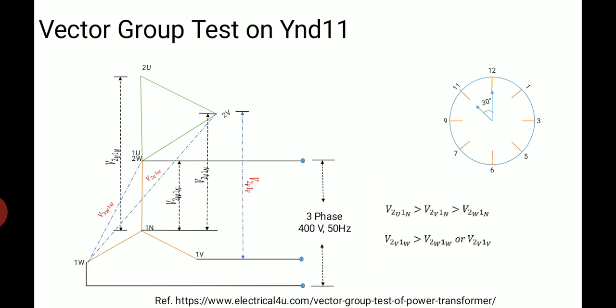After confirming the vector group, it will allow you to connect the transformers in parallel only when the vector groups are similar. If we consider the 4 major groups, group 1 has 0 degree phase displacement, and group 2 has 180 degree phase displacement. These transformers can only be connected in parallel with those groups only.